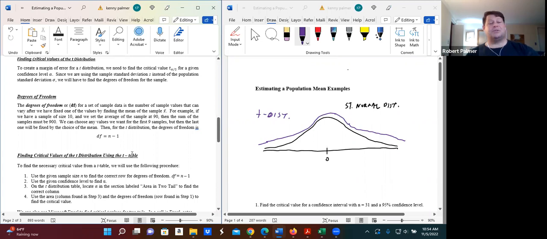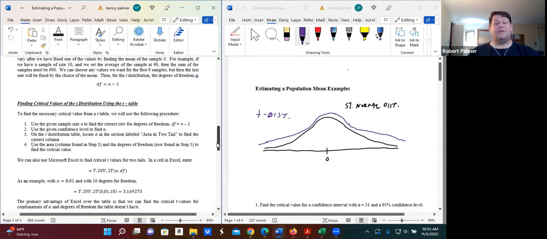That means for the first 9 values, we can choose whatever we want. But since we've set this mean to be 90, the last value is already determined. So what this means for the t-distribution is that the degrees of freedom is going to be our sample size n minus 1. That's the main point to take away from this. Whatever your sample size is, the degrees of freedom is 1 less than the sample size.